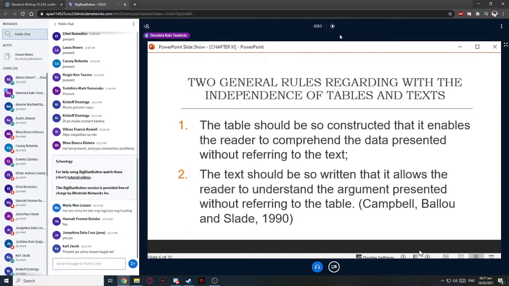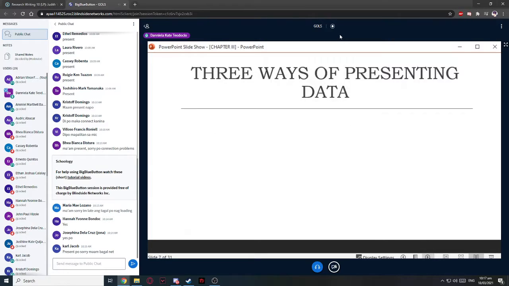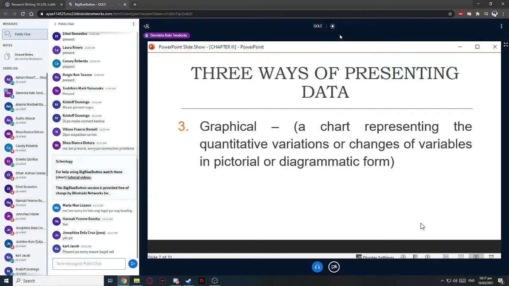Now we have another way of presenting data, and that is graphical. In graphical, we will be using graphs, not tables. These are charts representing the quantitative variation or changes of variables in pictorial or diagrammatic form. If you can still remember your functional English during your ninth grade, they discussed the different graphs which you can use in expressing or presenting data.